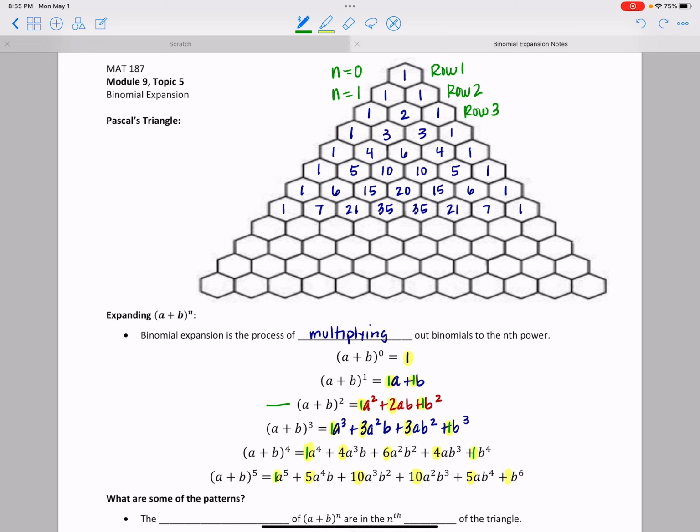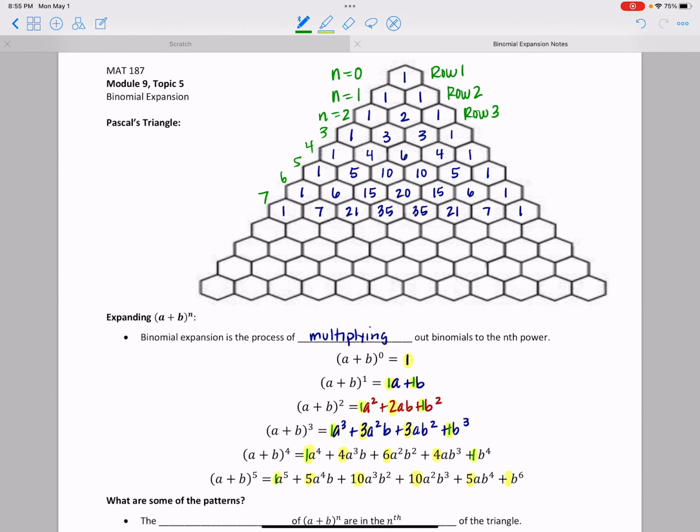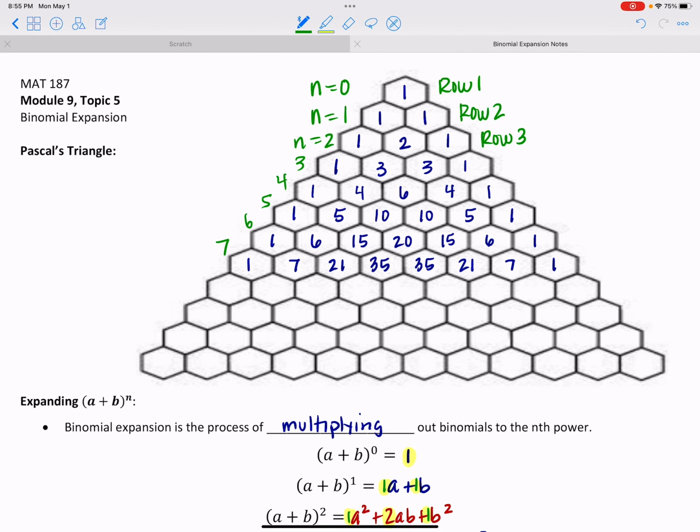So that's what we saw when n was equal to 2. And so on all the way down. So we have n equals 0, then 1, then 2, then 3, then 4, then 5, then 6, and 7. So even though I didn't expand this out to the 7th power, I know that these would be the coefficients of an expansion of a plus b to the 7th power.